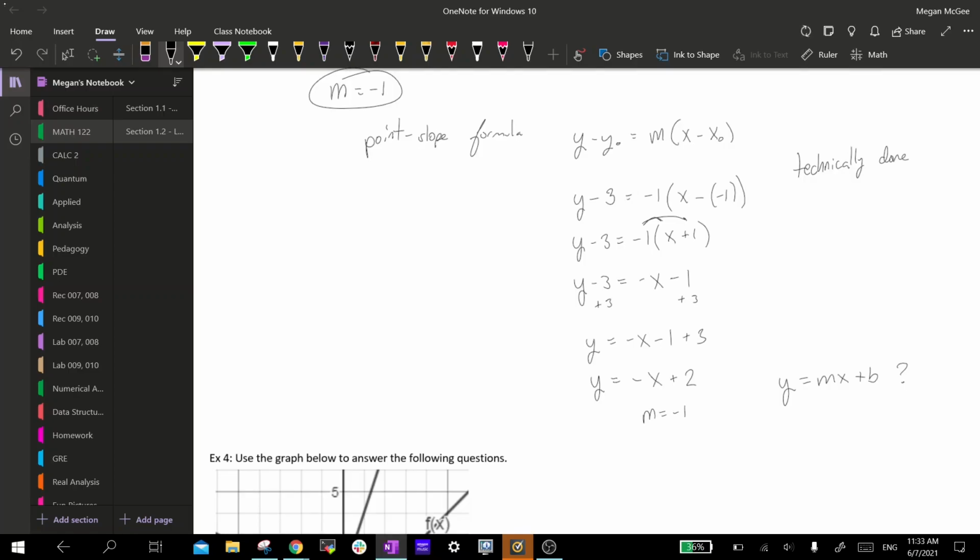We don't need to write 1 here because it's redundant, right? You can if you want, you wouldn't be wrong, but it's just unnecessary. Just the negative is all that we need. Okay? So that's just proving to you that these two formulas give you the same thing. Again, but you could technically stop here.